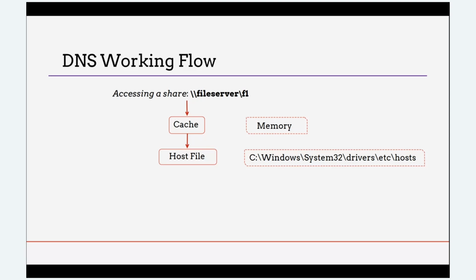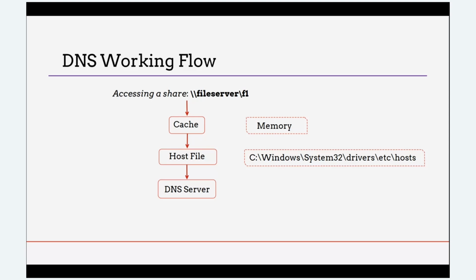If it's not available in the hosts file as well, then it'll go to the DNS server. Once it reaches the DNS server, it does a lot of things. It will go to the top level domain, like the root domain, and authoritative servers, if required. If it has the answer, it will provide you the IP address that it already has. There's a complete mechanism behind the DNS server, but let's not get into that.